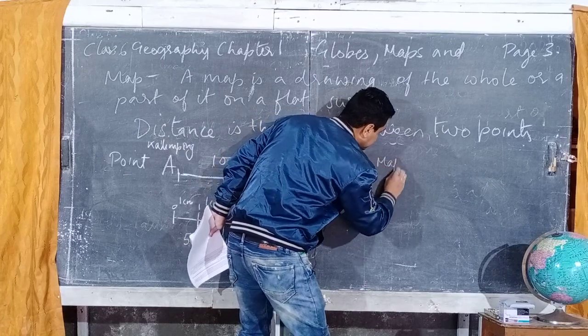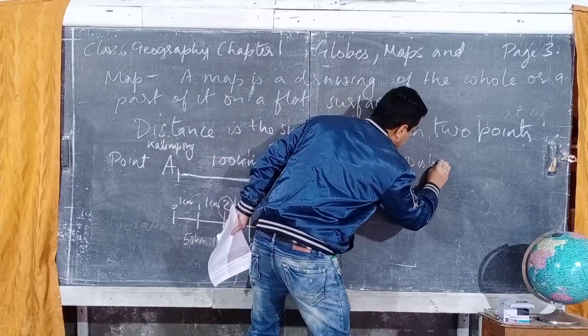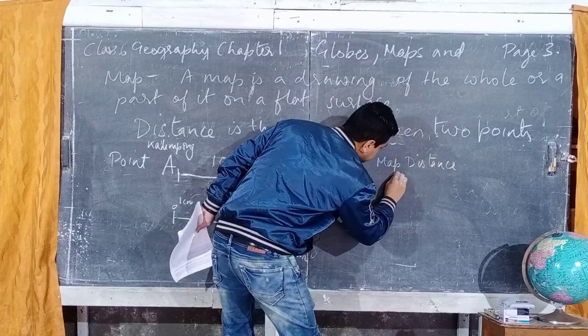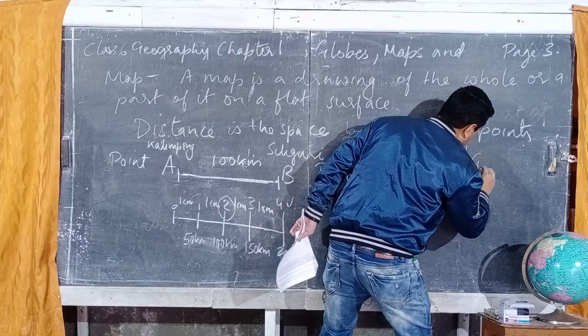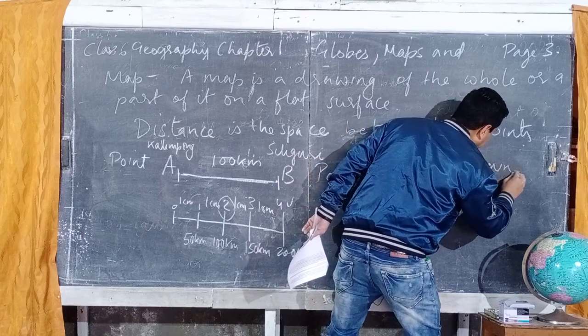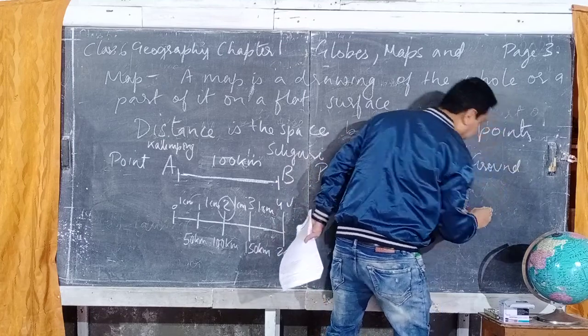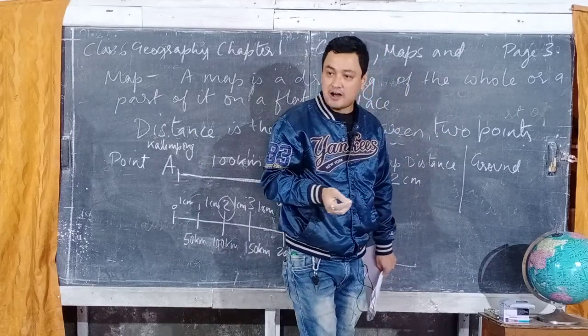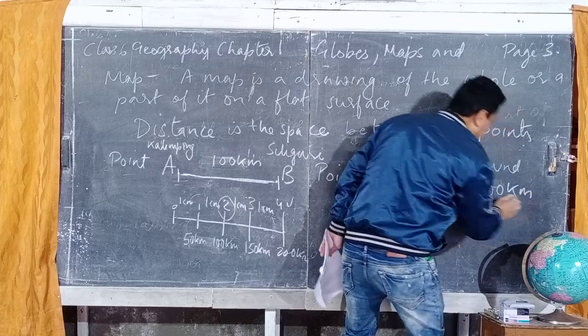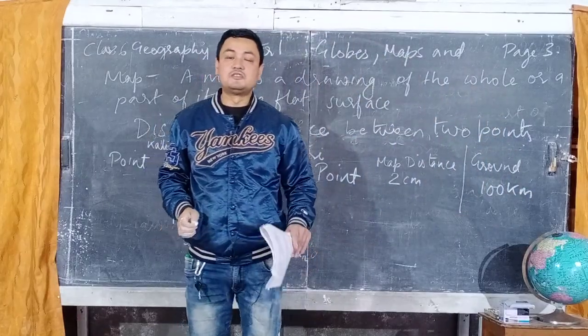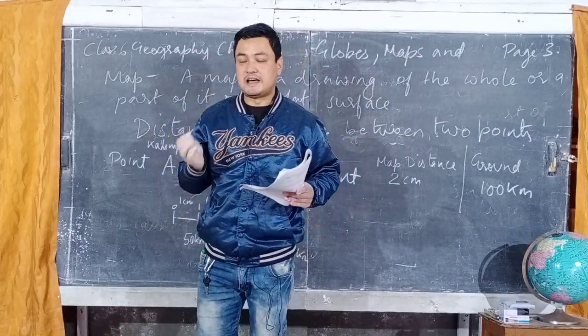The map distance is 2 centimeters on the map, whereas on the ground, the actual distance from Siliguri to Kalimpong is 100 kilometers. This is known as a scale, which you'll study in detail in class 7.